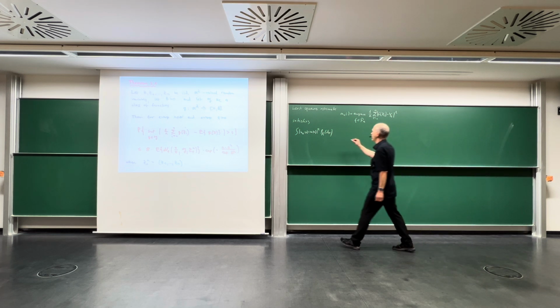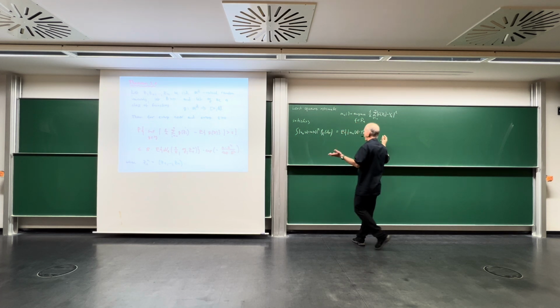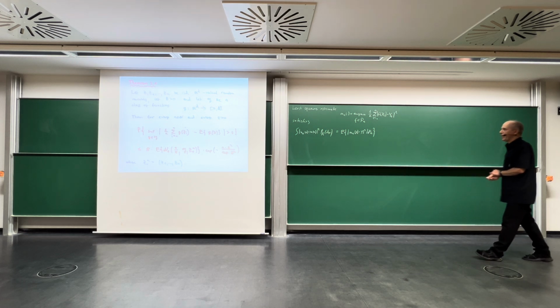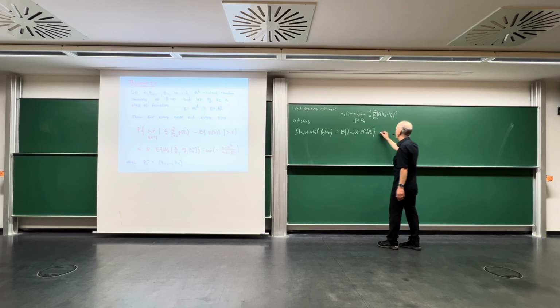I write this as the L2 risk of the estimate. Here are my data X1, Y1 up to Xn, Yn, and I subtract first the empirical L2 risk.